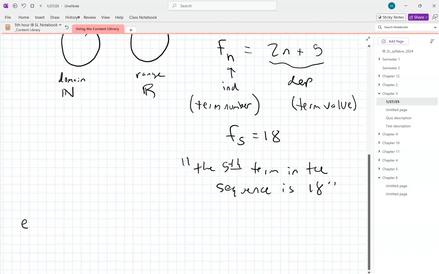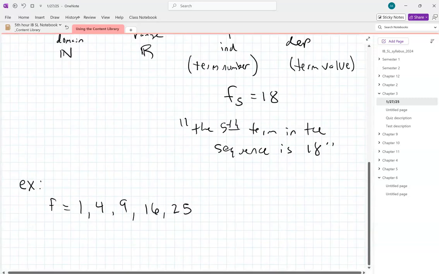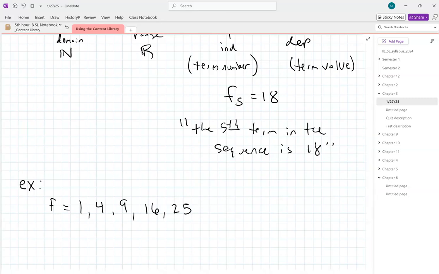So ways that we could represent our sequences, we could represent them as just a list of values. Now, how many terms are there to this sequence? 5, right? Term 1, term 2, term 3, term 4, and term 5. So this is my n.